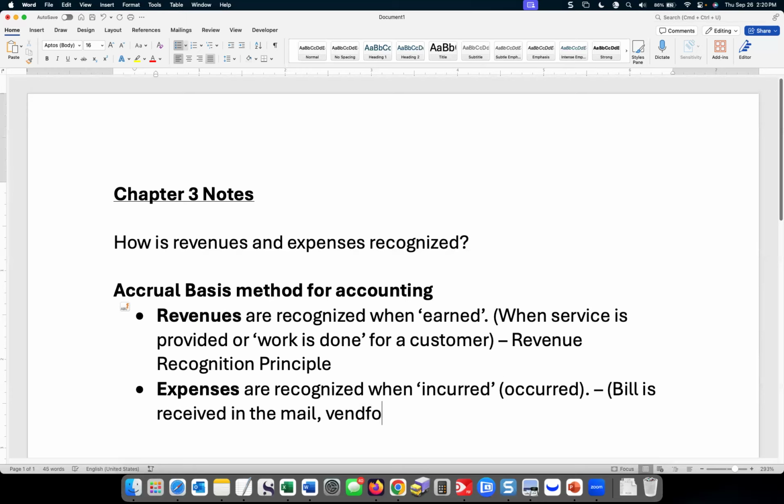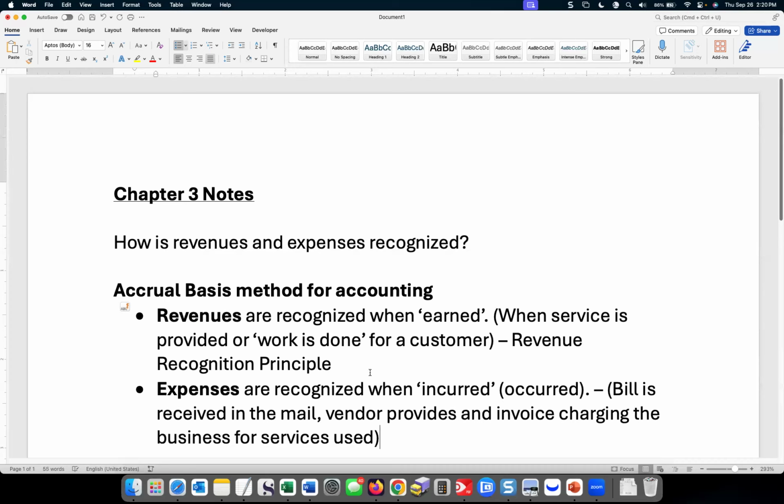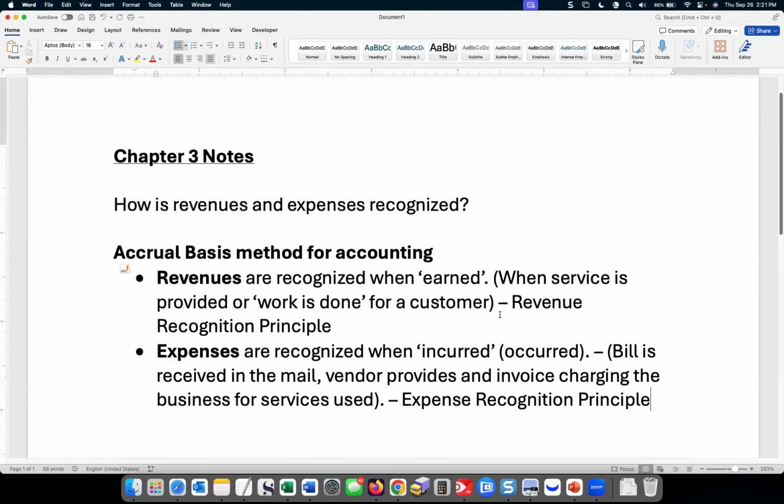Vendor provides an invoice charging the business for services used. I'm just coming up with some examples that would really drive that home. And we call this the expense recognition principle. So we've got the revenue recognition principle and the expense recognition principle.